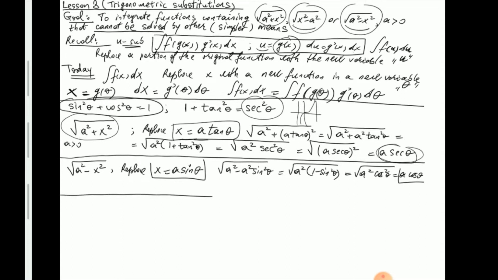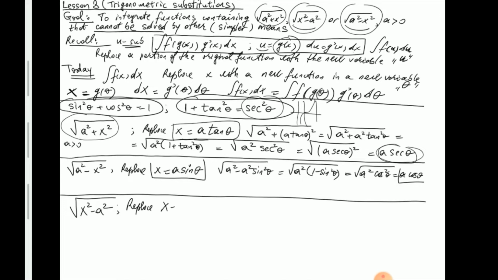And then finally, before we move on to actual examples, if I have the square root of x squared minus a squared, then we're going to exploit again the formula with the tangent, but by making a substitution with secant. Pay attention to how this works out. If I replace x this time with a secant theta, then the square root becomes the square root of a secant theta quantity squared minus a squared, which is a squared secant squared theta minus a squared.